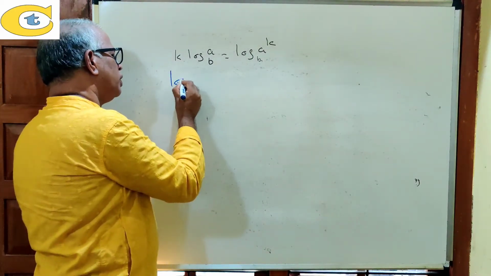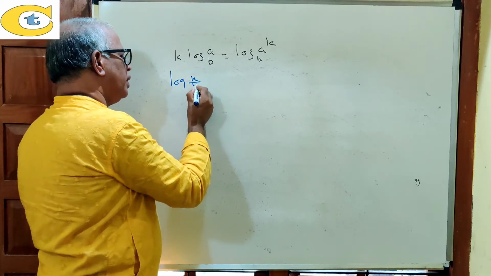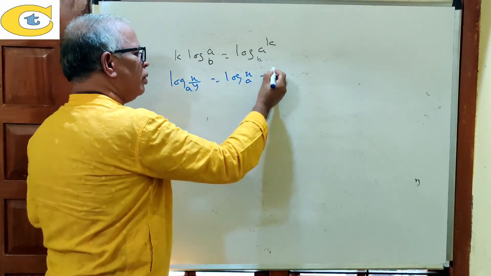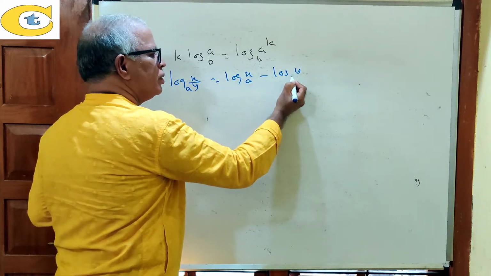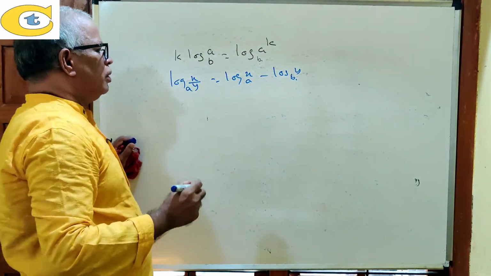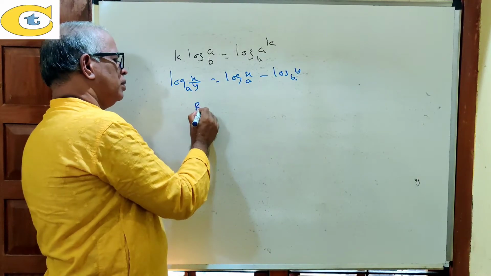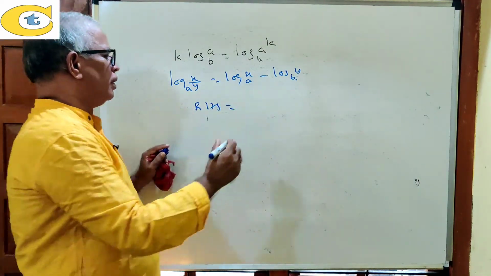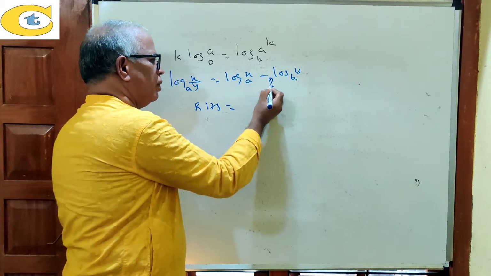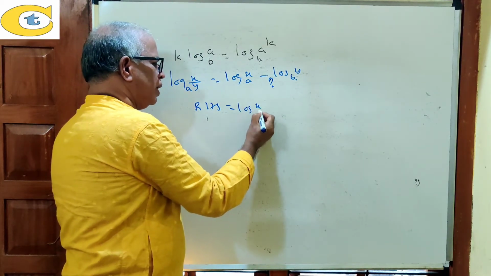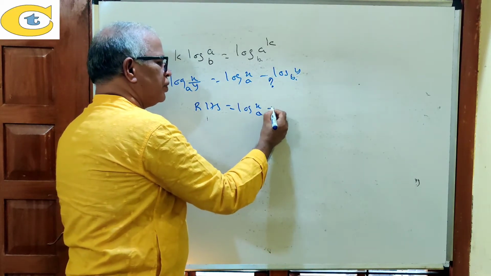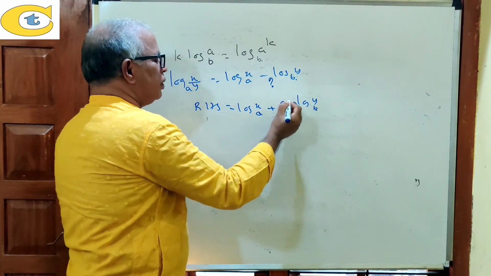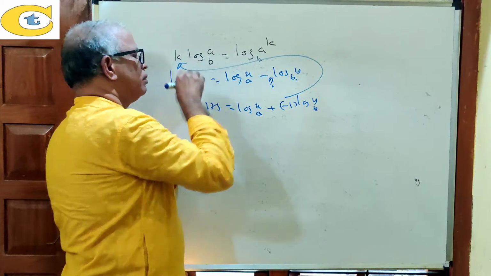Logarithm of x by y to the base a is equal to log x to the base a minus log y to the base a. Take the RHS. Just take the RHS. What is here? Look at this point here. Logarithm of x to the base a plus minus 1 logarithm of y to the base a. Your k is minus 1 here.